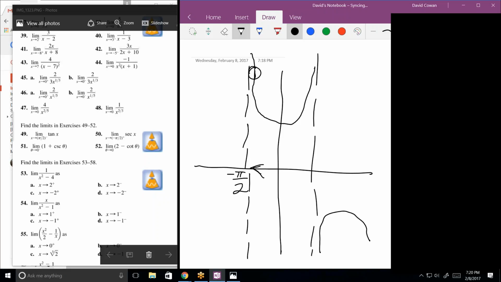It just keeps going up all the way to infinity on both sides. In other words, if I approached pi over 2 from the left, it would also go to positive infinity. But if I approach pi over 2 from the right, I'm down here at negative infinity. Got it. Okay.